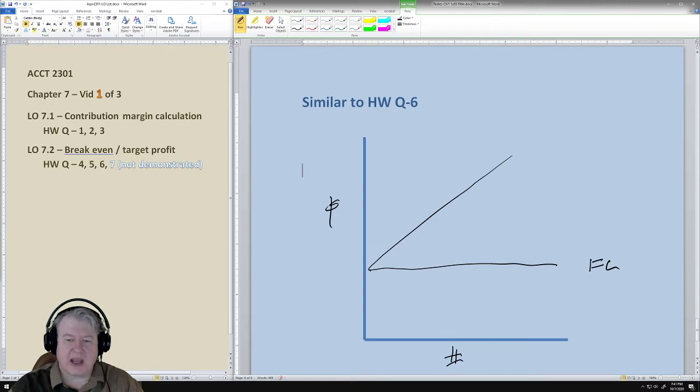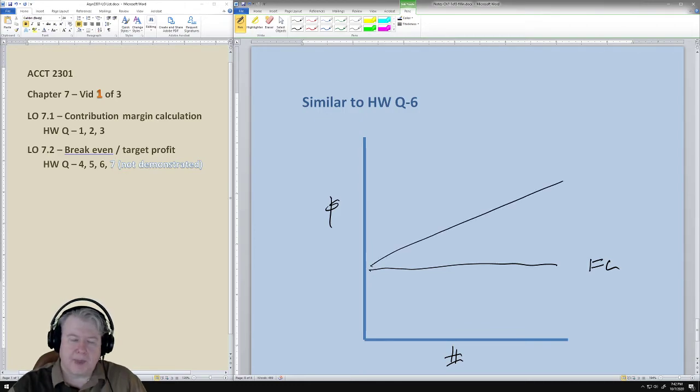Well, when we start looking at it, in fact, let me make this a little bit lower slope so it can all fit on there. So when we start with revenue, we're going to add one additional line. If you sell 0 items, you have 0 revenue. For every item that you sell, you're going to have an additional amount of revenue.